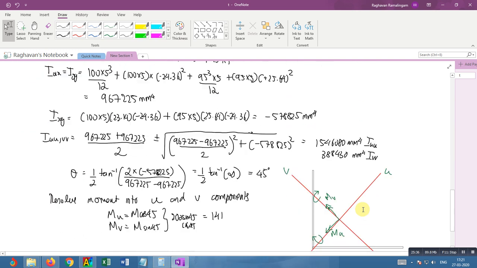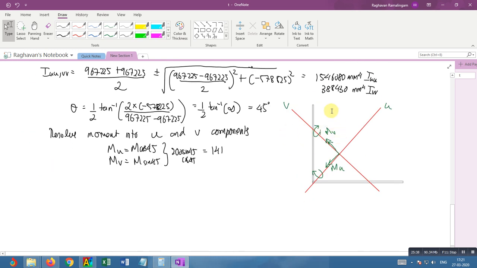The same thing can be applied over here. So, if you take MV, this quadrant and this quadrant are all on top of this V axis, or this arrow mark is pointing to the parts on top of this V axis.